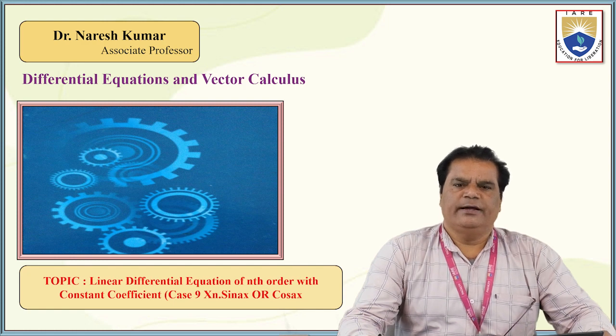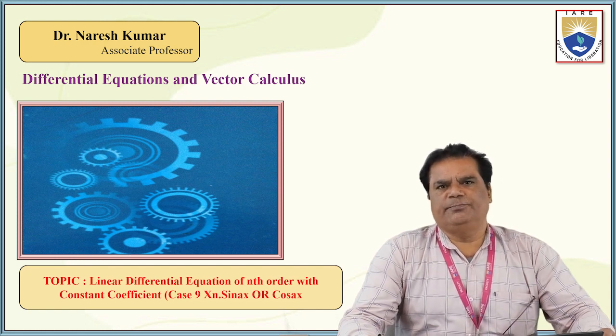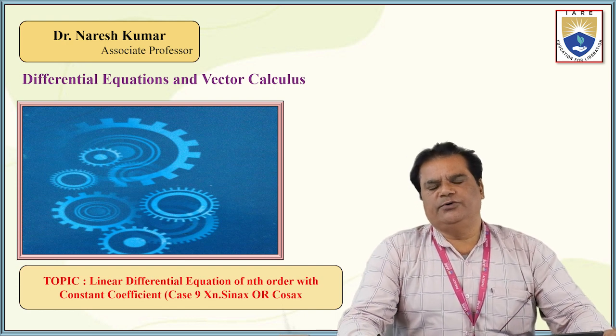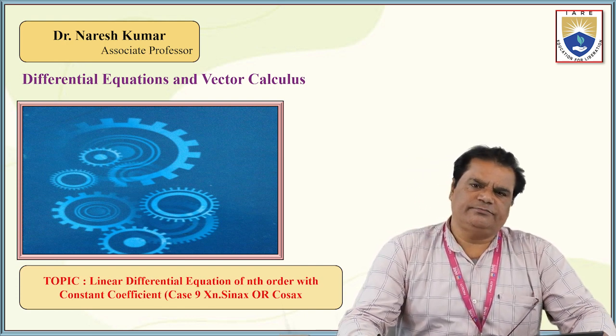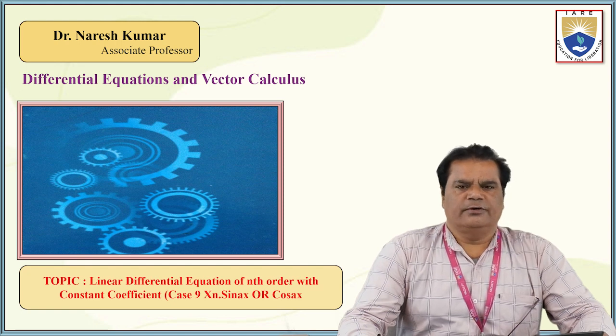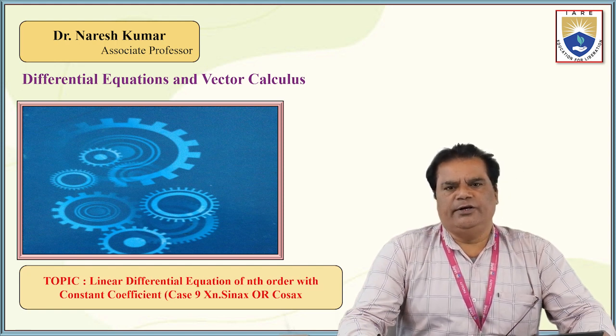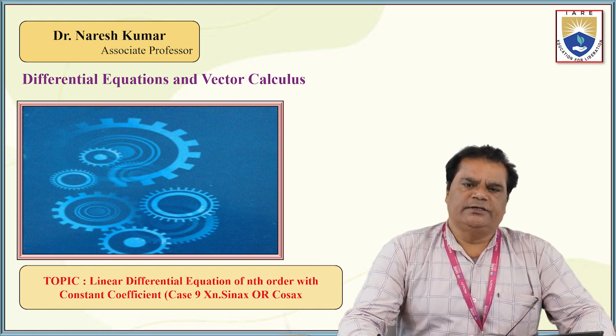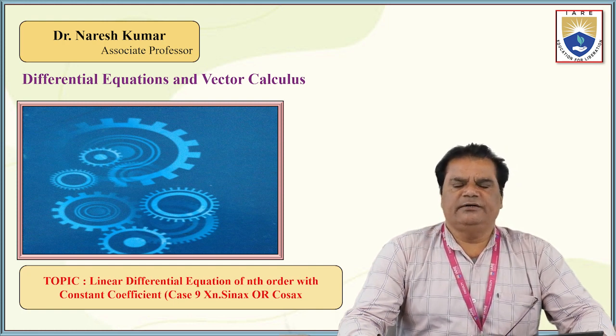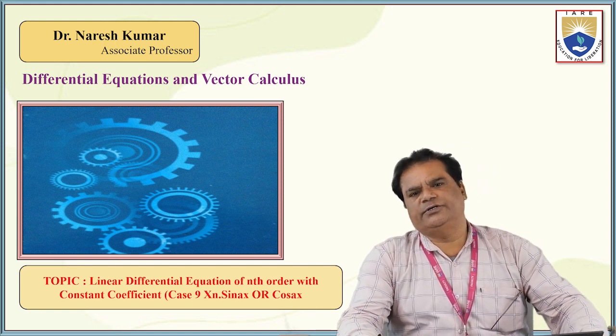So today I am taking this topic: if Q is equal to x to the power n into sin ax or x to the power n into cos ax. These two functions are involved in case 9. There is multiplication of two functions, an algebraic function and a trigonometrical function.